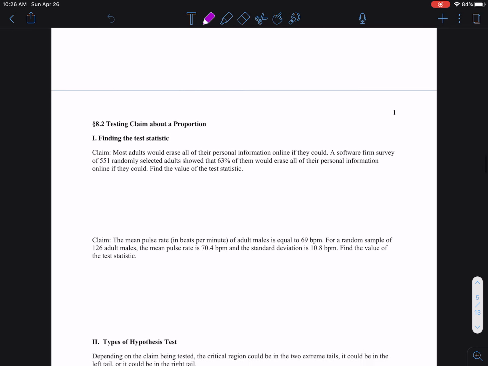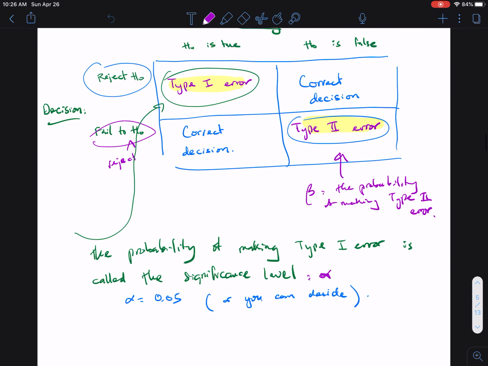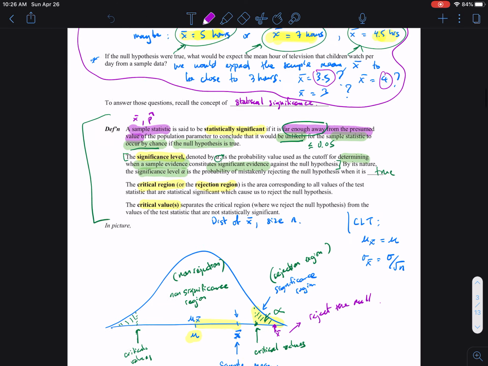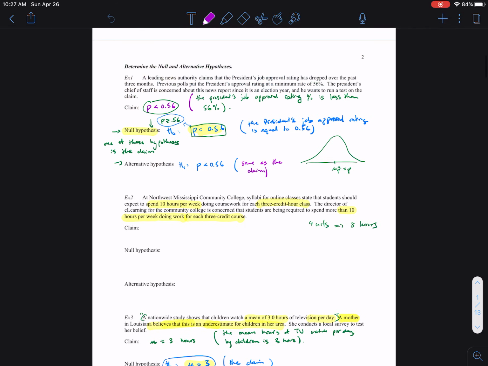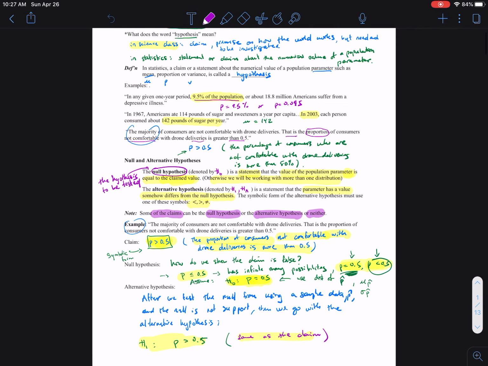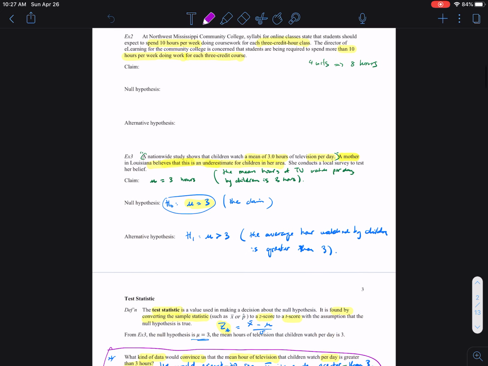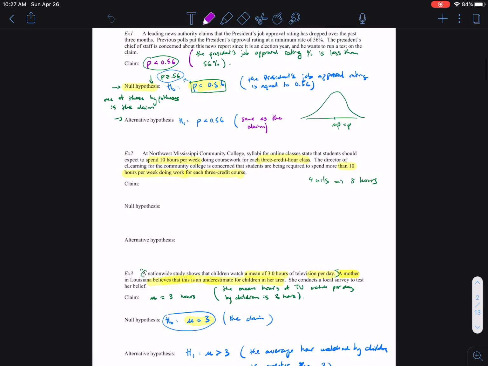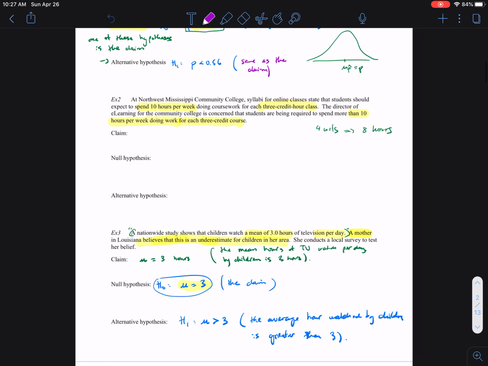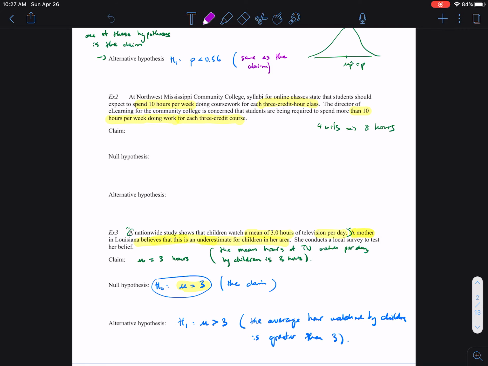In the last lesson, 8.1, we went over the basics of hypothesis testing. An example we did in 8.1 was mainly just how we determine the alternative hypothesis and how we write the claim from the example. So that's the beginning part of hypothesis testing.